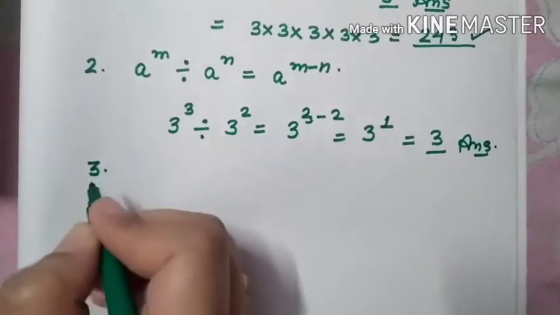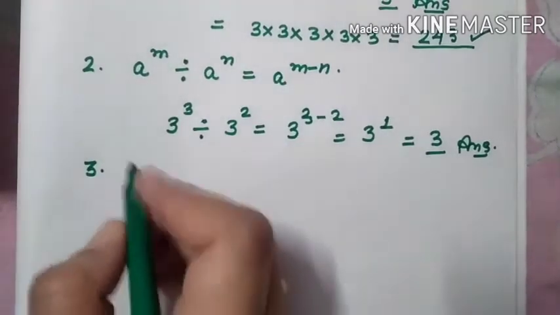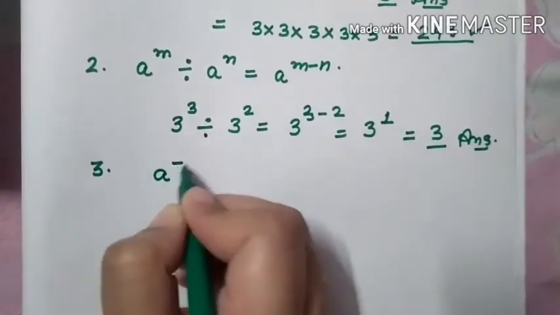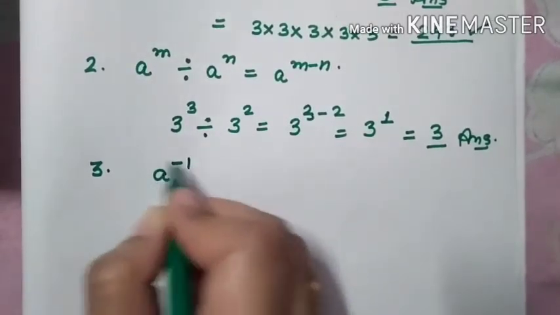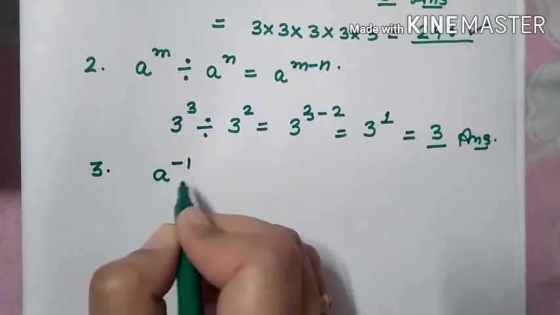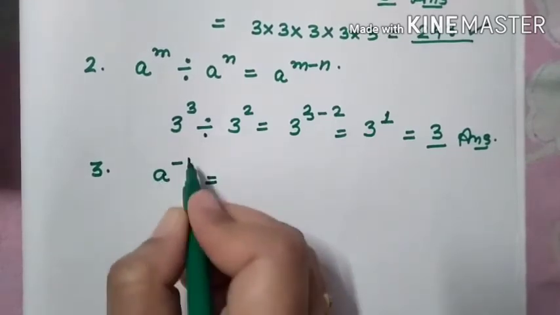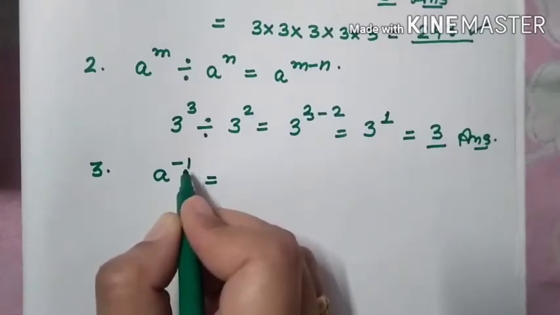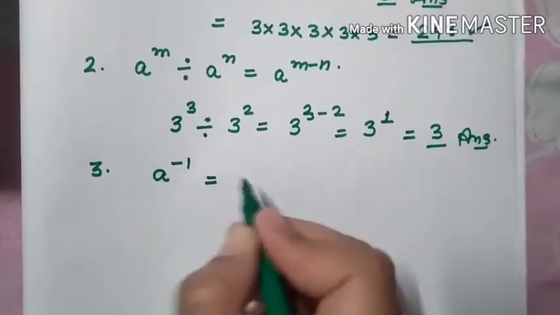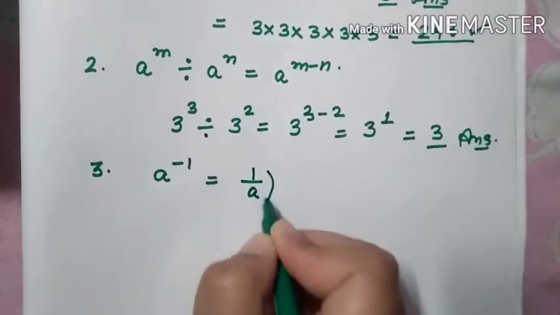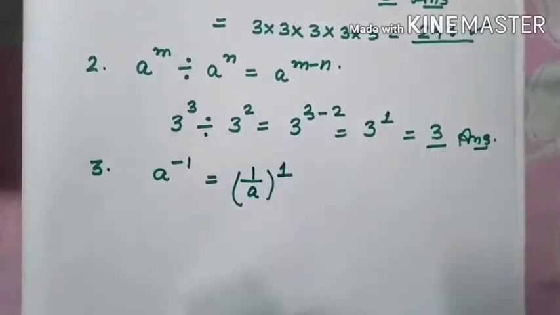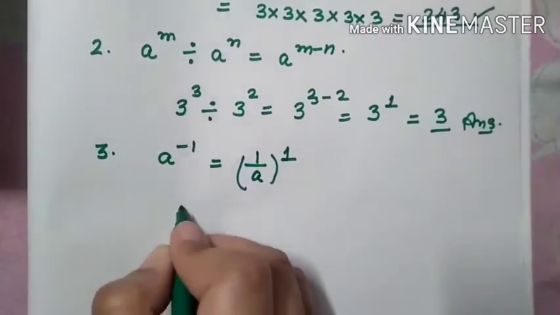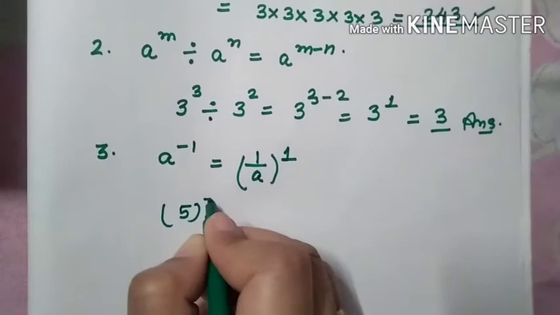Now our third rule. Our third rule is if we have negative power, suppose a raised to the power minus 1, we can't solve this question. First of all, we have to change this power into positive form. That is, we have to reciprocal this number, that is 1 by a raised to the power 1. For example, 5 raised to the power minus 2.